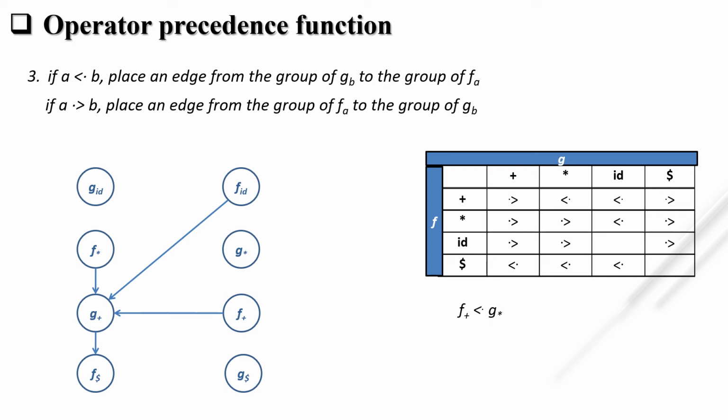Next we take f of plus and g of star. We already completed this whole column. Now we go with f of plus with star, then f of star with star, f of id with star, then f of dollar with star, then f of plus with id, f of star with id. So now f of plus and g of star. What is the arrow? From g of star to f of plus, so we put that. Next is f of star and g of star.